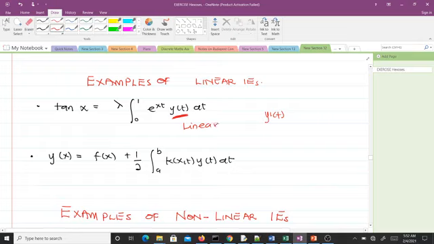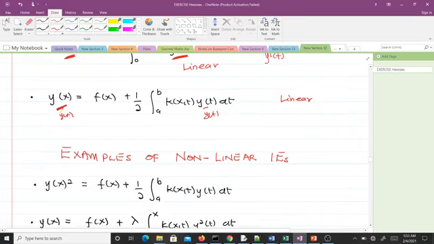Then when you take the second one, the unknown function appears under the integral sign and here as well, okay? Here this tan x is the free term or the forcing term. So you can see that here y of x is of the power 1, here too y of t is of the power 1. So that is why this one is also linear.